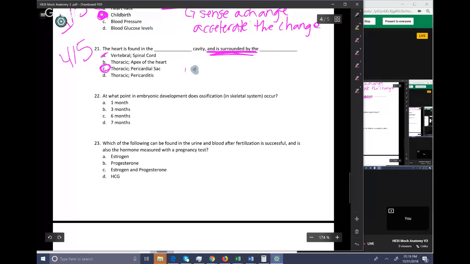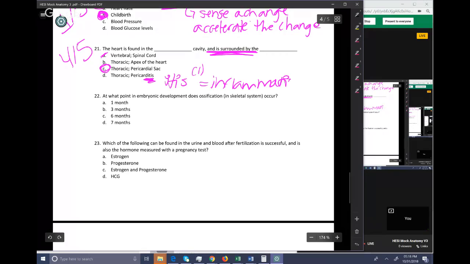The apex of the heart refers to like the point of the heart. So it's like a landmark as opposed to being an actual structure. The apex is just the landmark that's at the tip of the bottom of the heart. Pericarditis, hopefully you know that itis from Anatomy 1 is inflammation of.